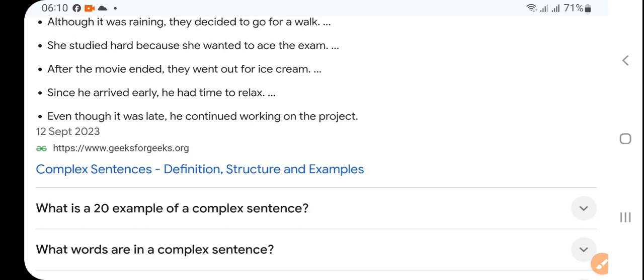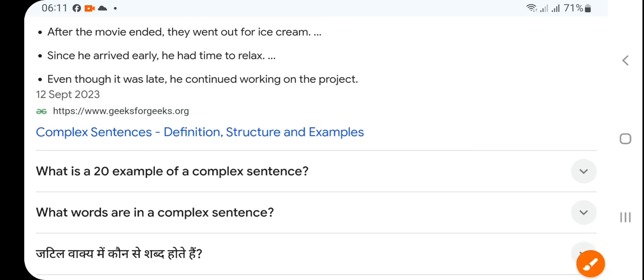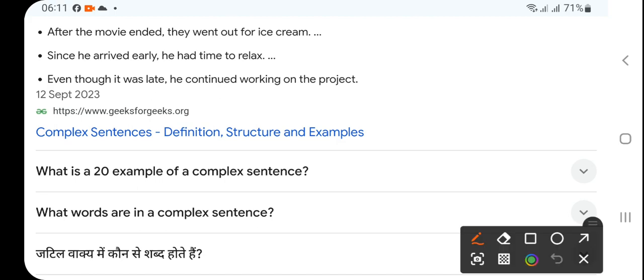She wanted to pass the exam is dependent, she studied hard is independent, and because is the conjunction. Similarly, next is: After the movie ended, they went out for ice cream. After is the conjunction, the movie ended is the dependent clause.